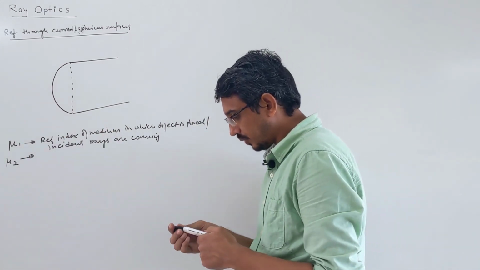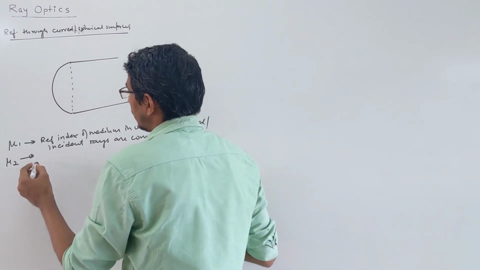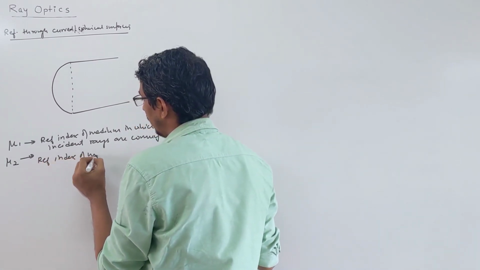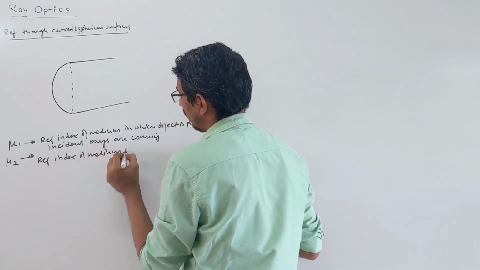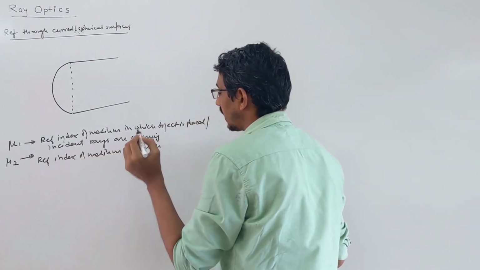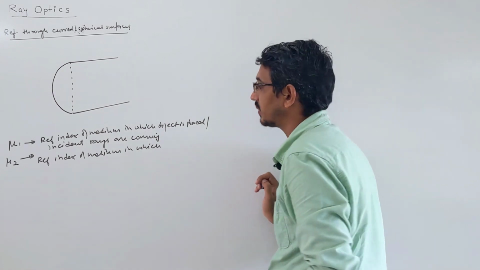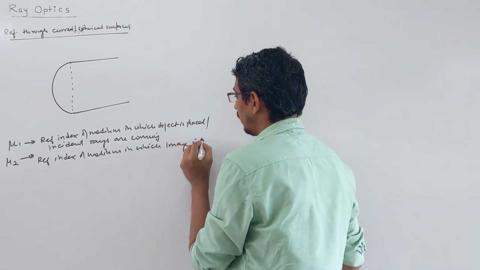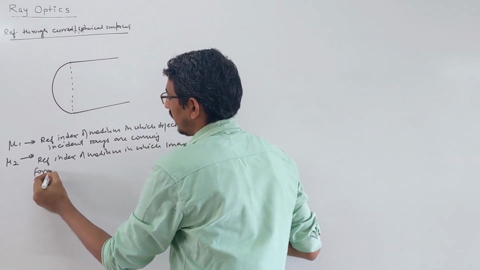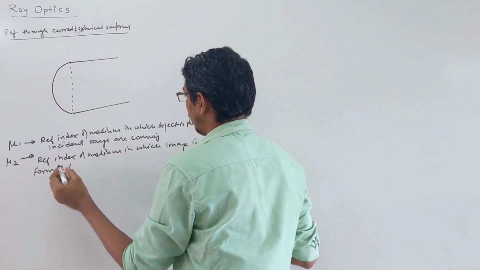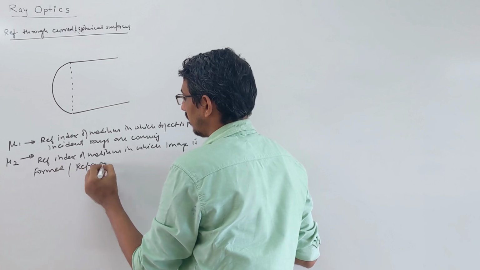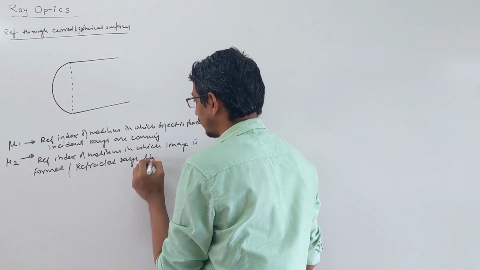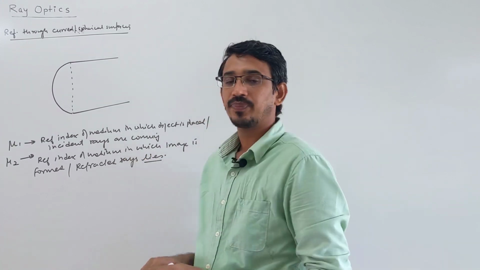Then what is mu2? It is the refractive index of the medium in which your image is formed, or more properly, in which your refracted rays lie.